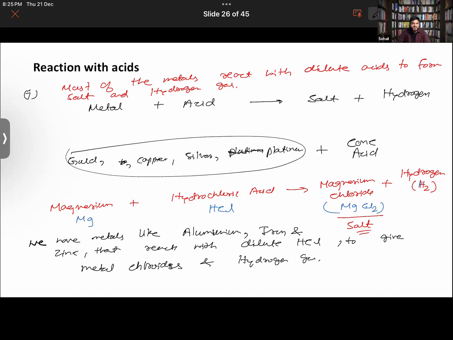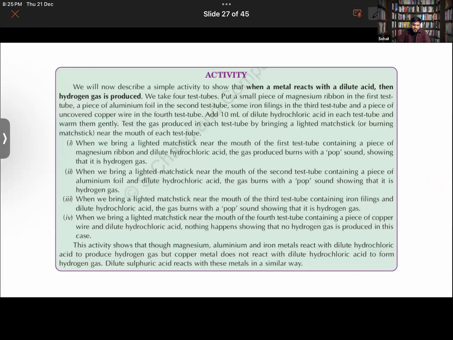And the lesser reactive metals like copper, silver, gold, or platinum will not be reacting with the dilute acids, so they will not be producing hydrogen gas with dilute acids. Is that clear to everyone?